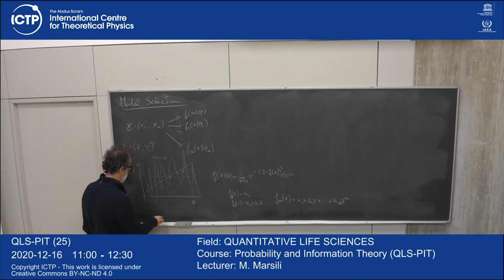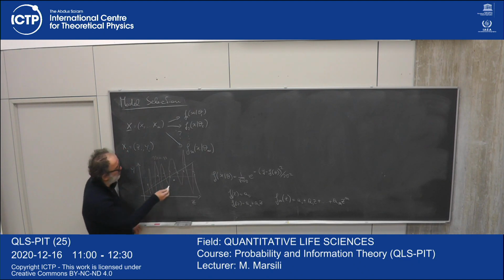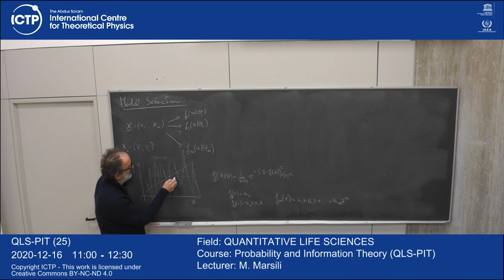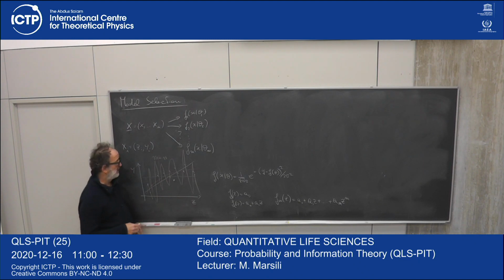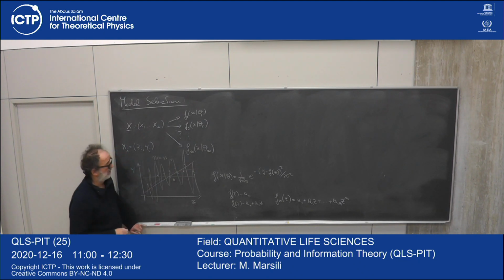The problem is that if you get a new point, let's say here, then it is very unlikely that this new point will be described by your model. Generally, this new point will be very far from the prediction of the model for this new point.